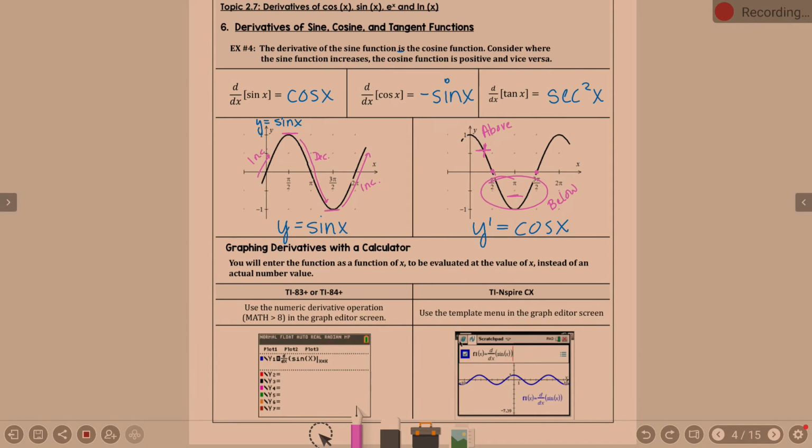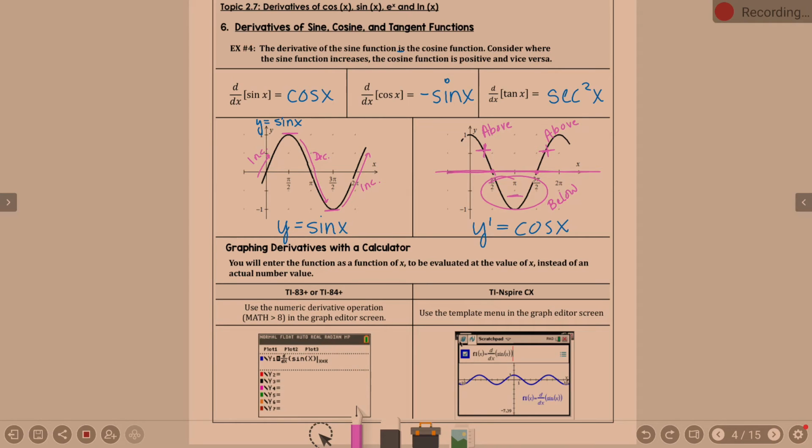And of course over here, past 3 pi over 2, we're increasing on the sine, which means my derivative graph has positive y values and is above the x-axis. So when I'm saying above and below, I'm talking in reference to the x-axis. You see the connections there? Okay, because that's something we're going to work with.